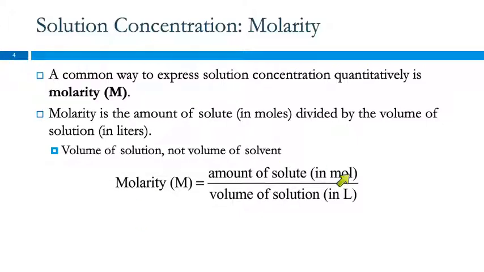And so we can write it out as an equation like this. Molarity, abbreviated capital M, is amount of solute in moles divided by volume of solution in liters. So this is a ratio, a this per that, like density is grams per milliliter, but here we're measuring amount in moles instead of in grams. And we're measuring the solution in liters instead of milliliters or cubic centimeters.